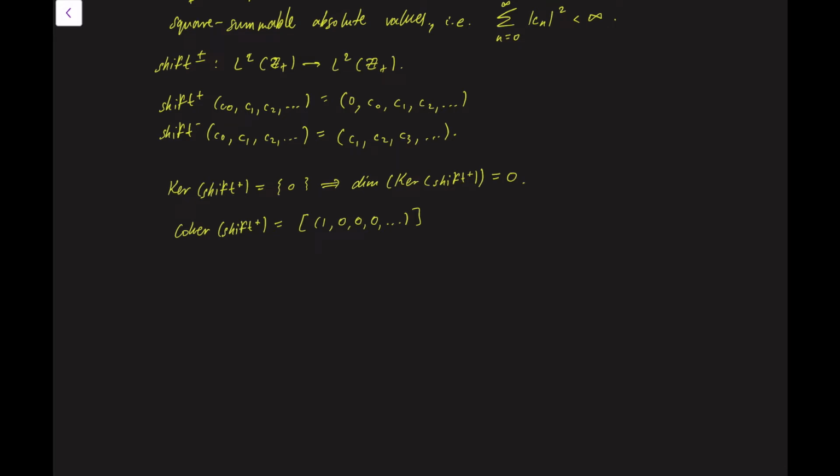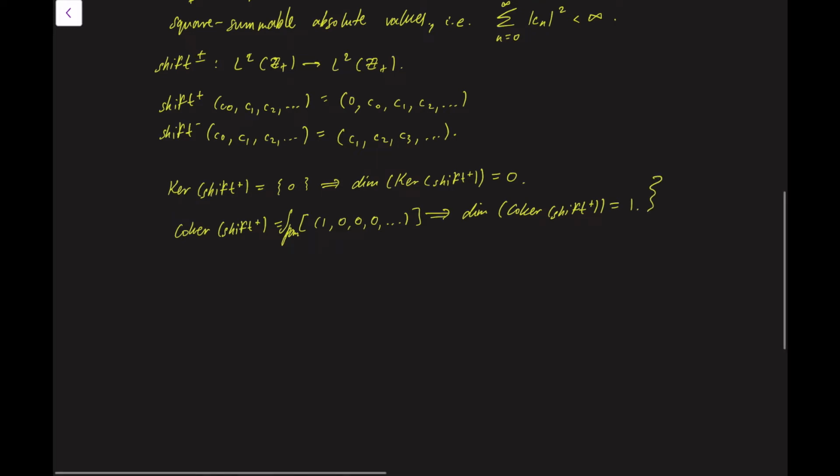So it's really the co-kernel of the shift plus operator is this equivalence class, or I guess we can say the span of this equivalence class. So this means the dimension of the co-kernel of the shift plus operator is 1.